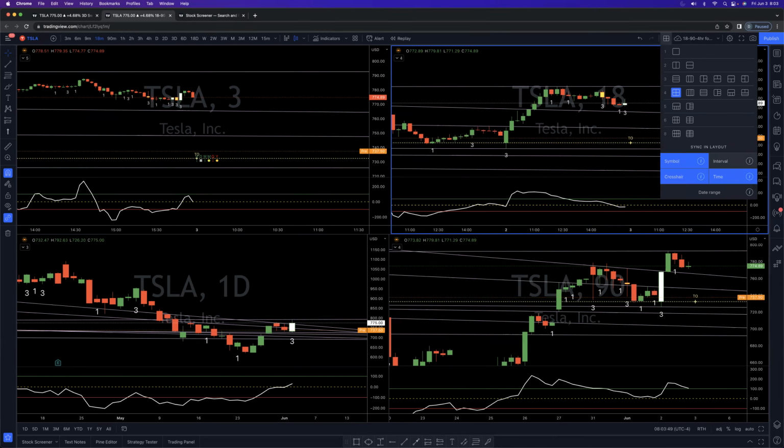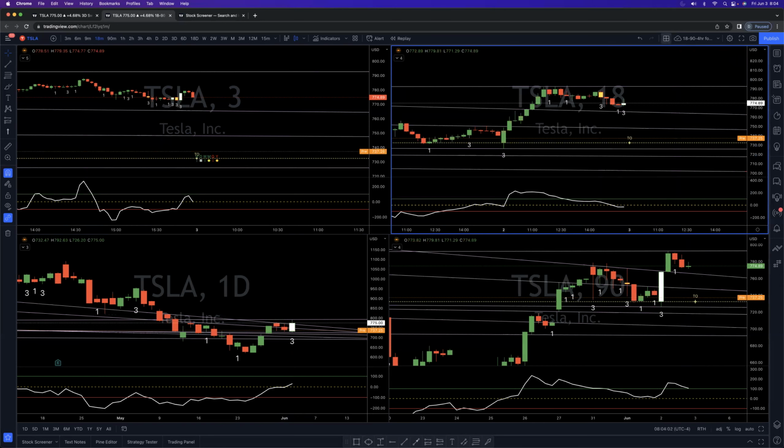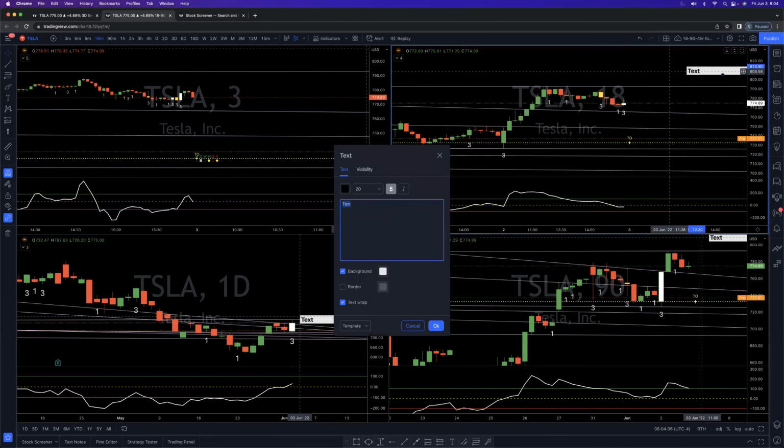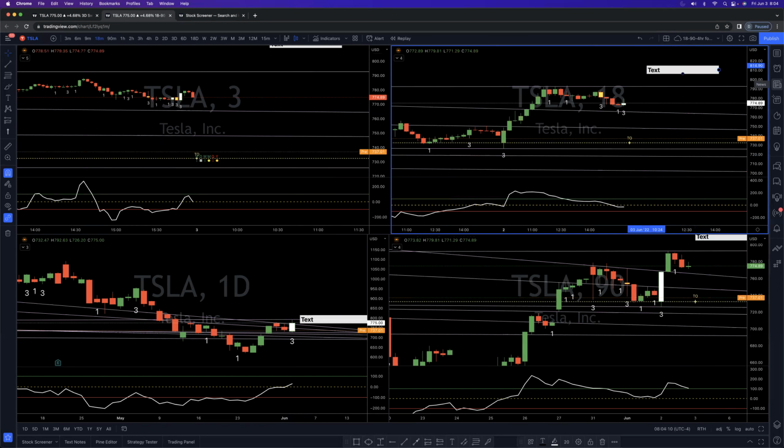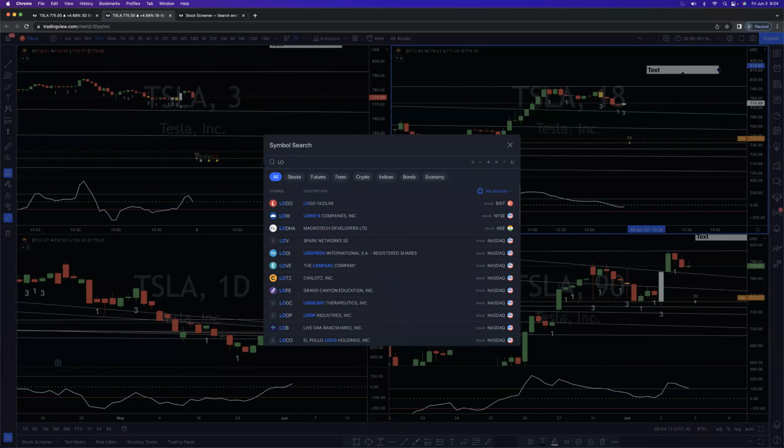Sync layout. TradingView did something again. I'm not exactly sure what they did here. I used to be able to remove this, because I don't want it on all of the boxes. So I don't know what they did here, but we'll just draw it up. I'll type it up.